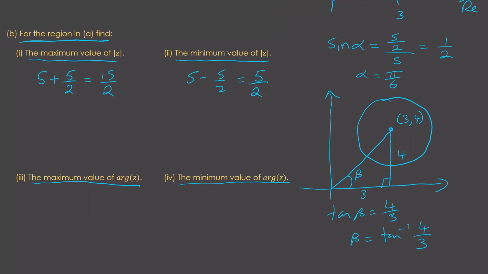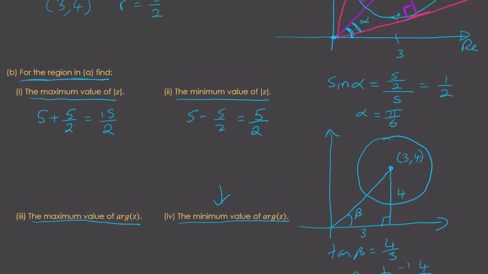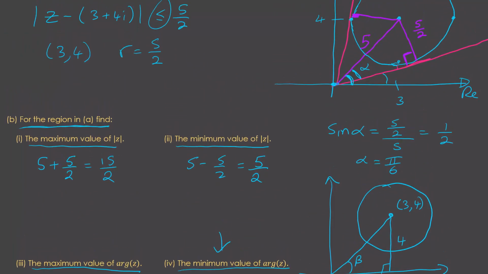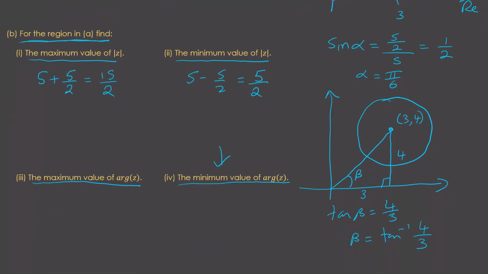So let's do the minimum value first. We're after this angle here, which is clearly beta minus alpha. So this one is beta minus alpha, which is tan to the negative 1 of 4/3, take away pi by 6.